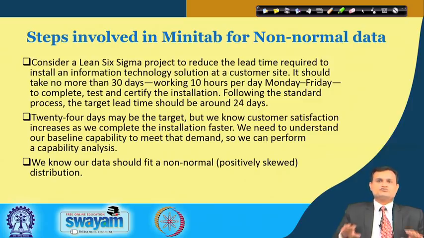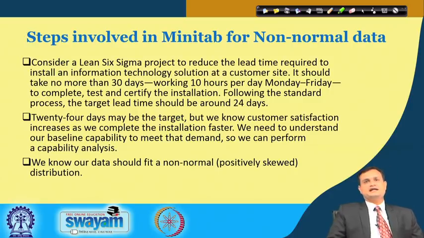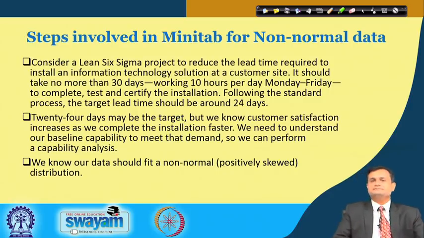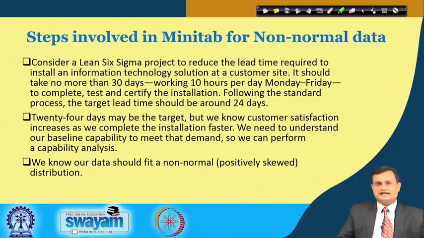So, working 10 hours per day, Monday to Friday, to complete and test and certify the installation. Following the standard process, the target lead time should be 24 days and I need to conduct the non-normal process capability to see to what extent I am capable enough to meet this target.